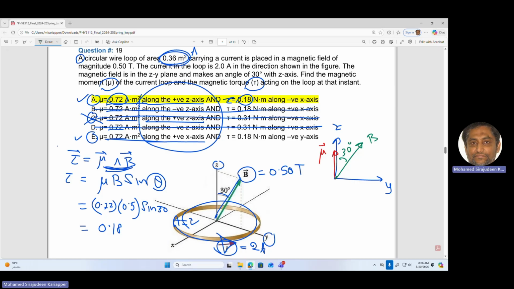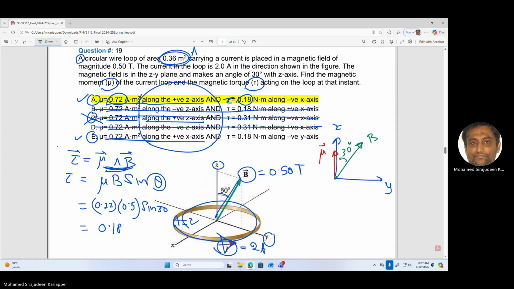So I'm going to use this pen as mu, and this board pen as B. What is the right hand rule? Take your right hand, put your fingers in the direction of the first vector, which is mu, and you curl it towards B and look at the thumb. Thumb is pointing in, which means negative x.